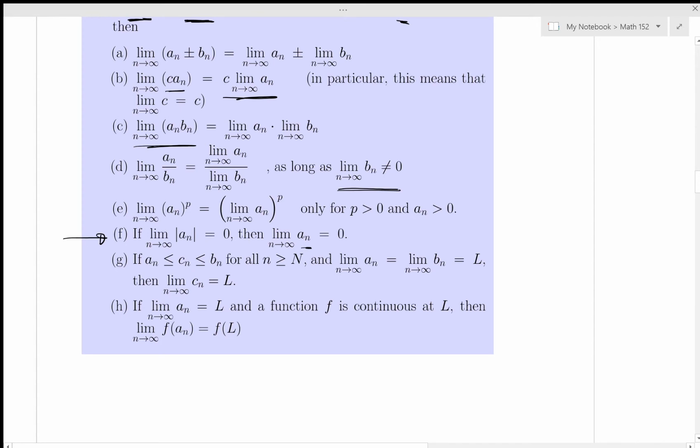If we have three sequences such that cn is always between an and bn for all n bigger than capital N, and if the two limits of an and bn are L, then the limit of cn is L. You should recognize this. It's a statement similar to what you've seen in Calculus 1. This is the squeeze theorem.